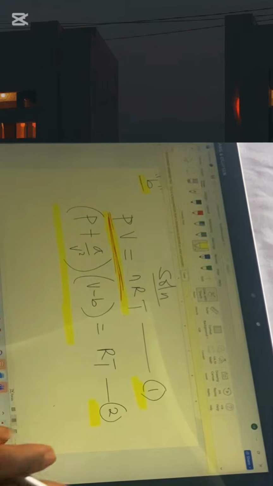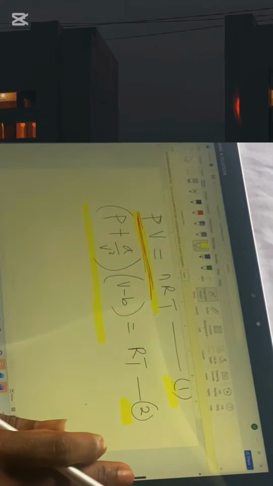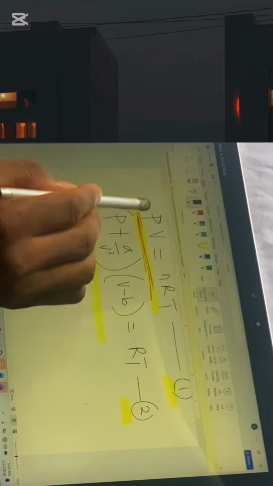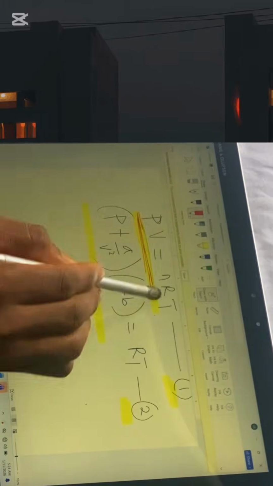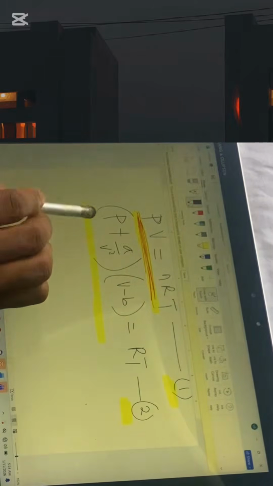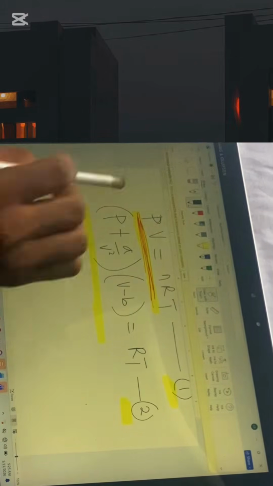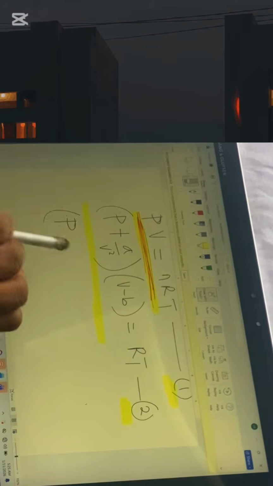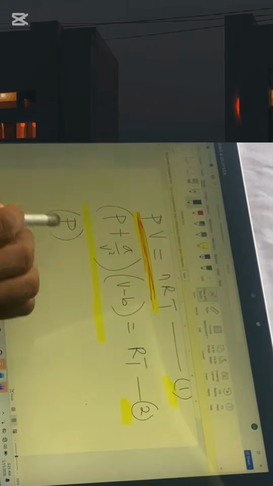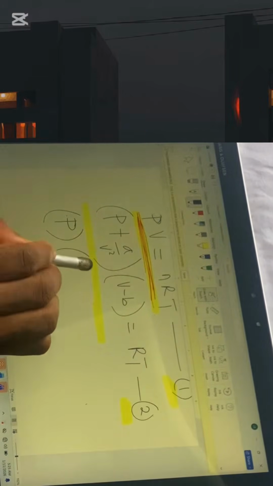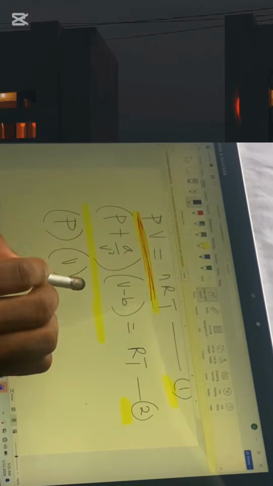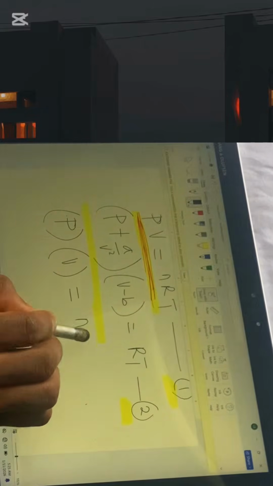To make this clearer to us, class, listen to me carefully. This equation 1 can also be expressed as P, bracket open, close your bracket, into V, close your bracket, is equal to nRT.